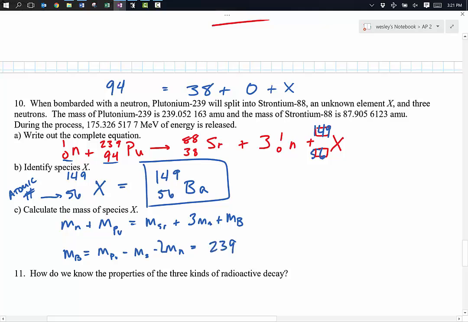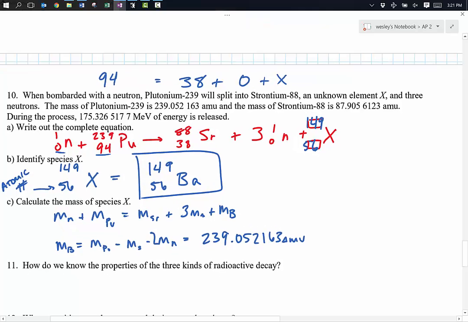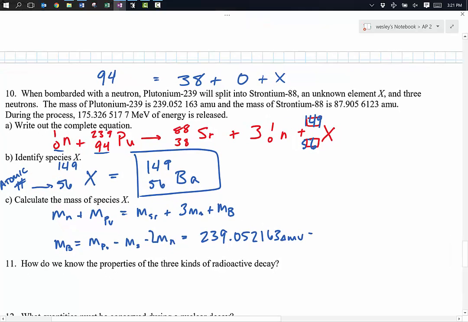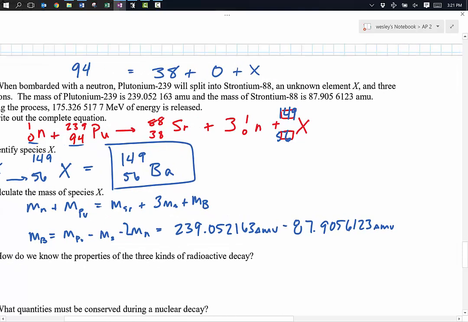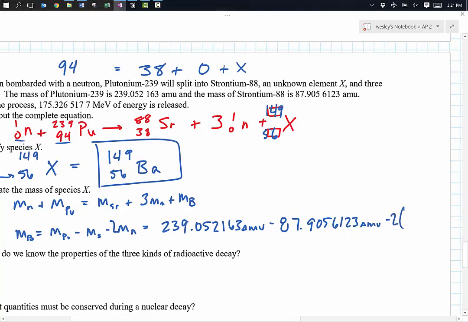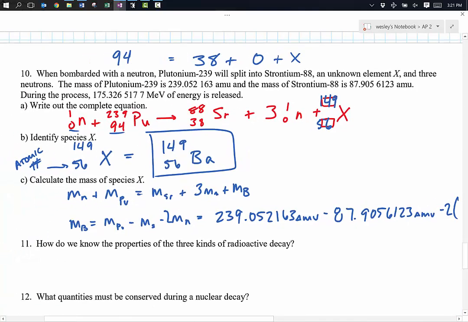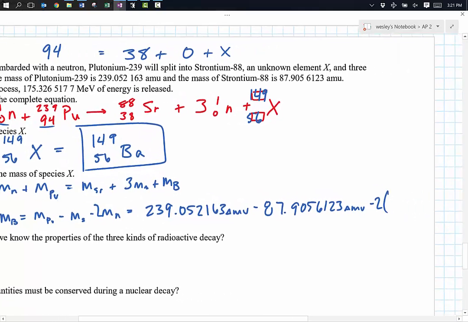Okay, so this is the mass of plutonium: 239.052163 atomic mass units, minus the mass of strontium 88, 87.9056123 atomic mass units, minus 2 times the mass of a neutron, which we have in our table.